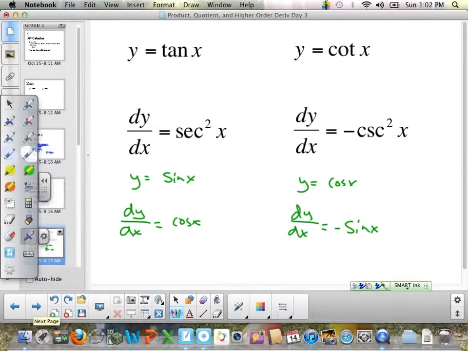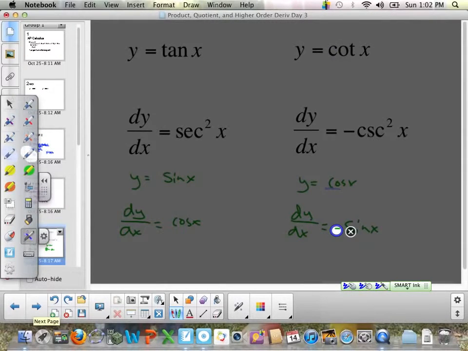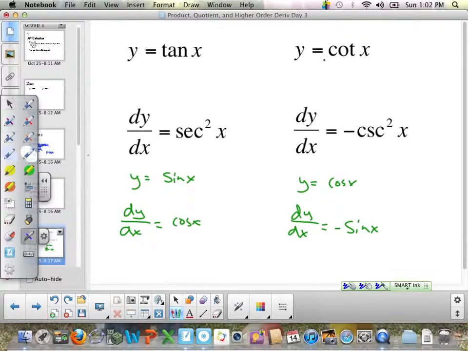Some things I want to point out: anything that starts with co, when you take the derivative of it, the derivative of all co's is negative. Derivative of a cotangent is negative. Derivative of a cosine is negative. Anything without the co is positive. Sine is positive.